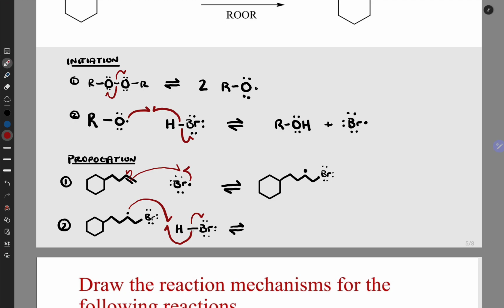So we see here that this hydrogen and this bromine bond is broken up into two different electrons. One electron reaches out from the radical to connect with the hydrogen, and the other electron moves on to the bromine, thus forming our desired product.